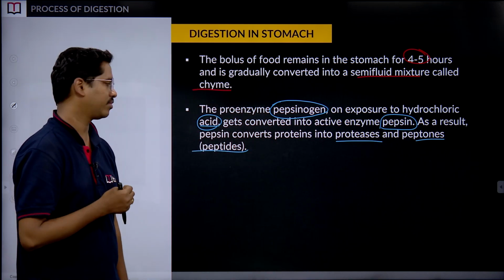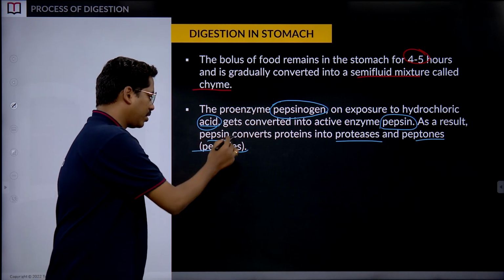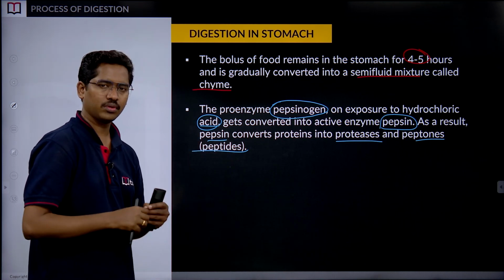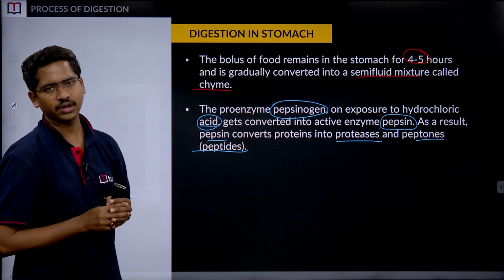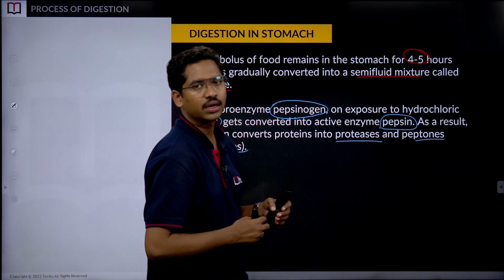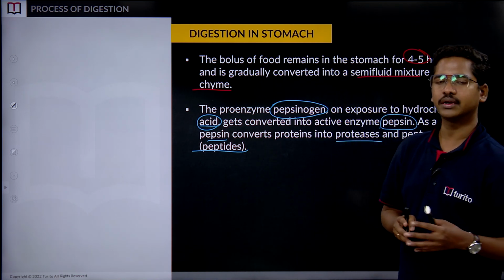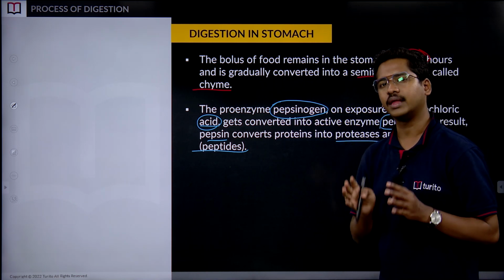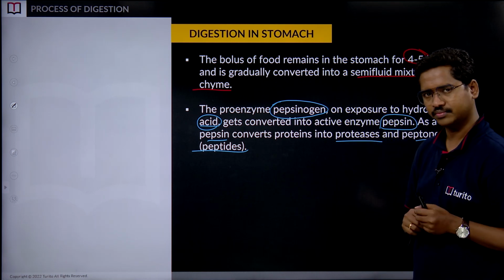So, that is what is happening in the stomach. In order to activate pepsinogen to pepsin, we need pepsinogen to get exposed to the hydrochloric acid, and then it turns itself into pepsin, and that pepsin acts on the proteins present in the bolus.